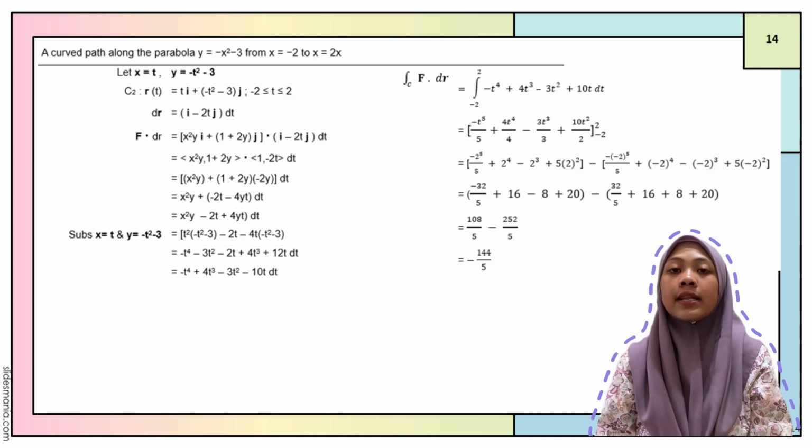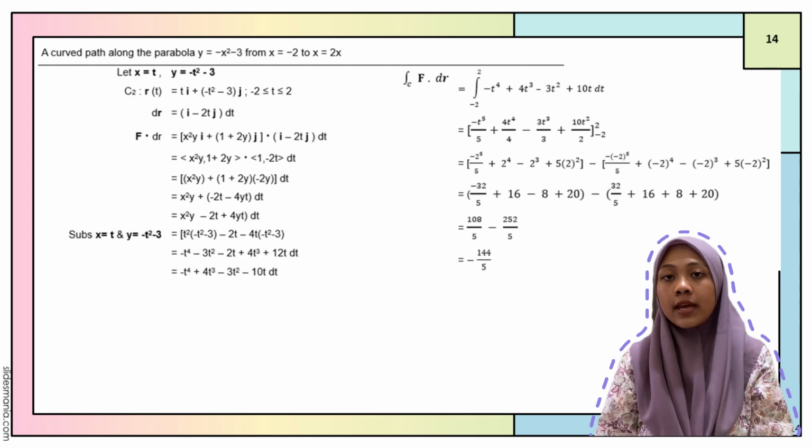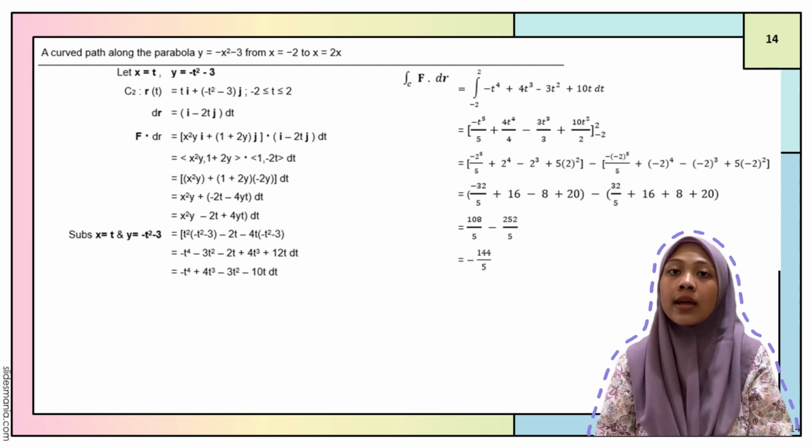Next, we find the curved path along the parabola y equal to -x squared minus 3 from x equal to -2 to x equal to 2. Firstly, let x equal to t and y will be -t squared minus 3, and we get r. Find dr and F dot dr. Substitute x and y and then integrate F dot dr and we get -144 over 5.